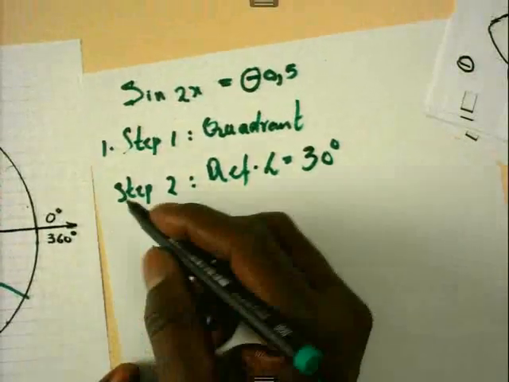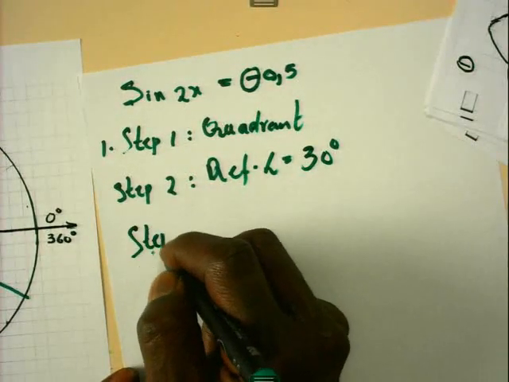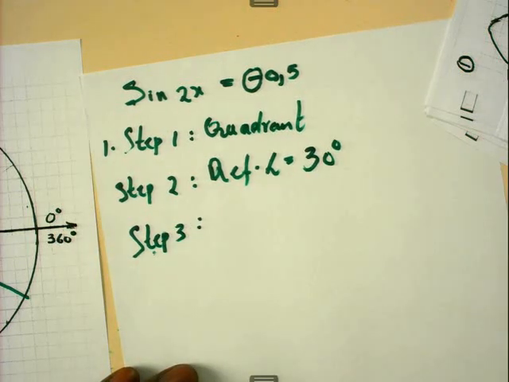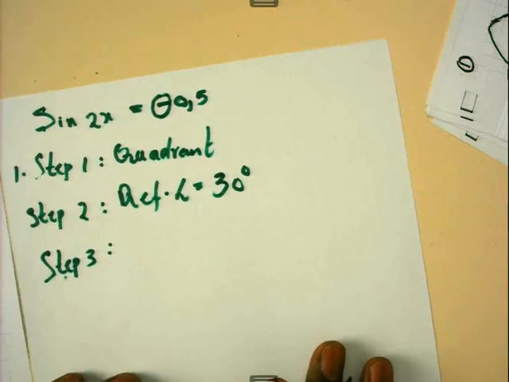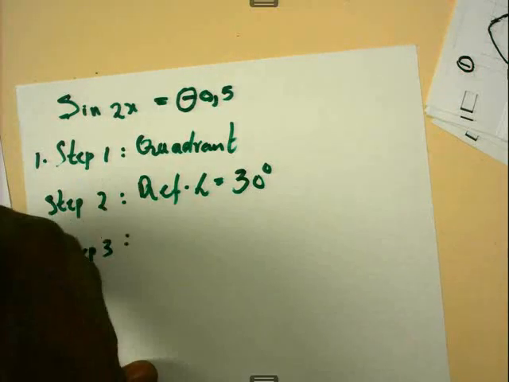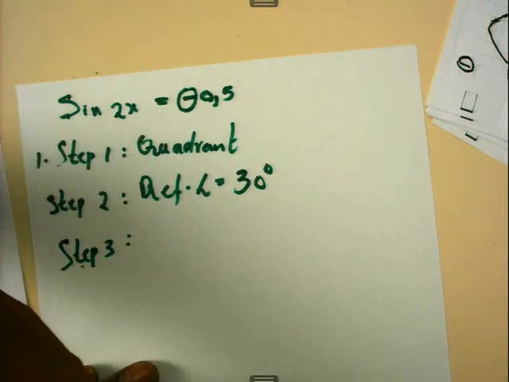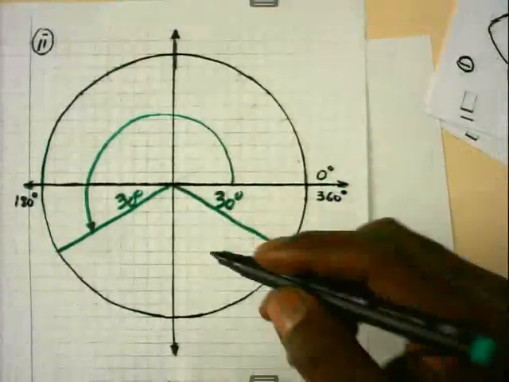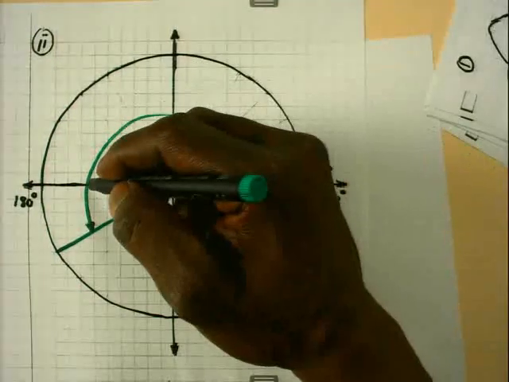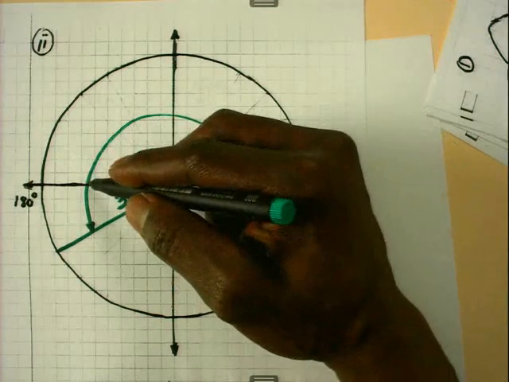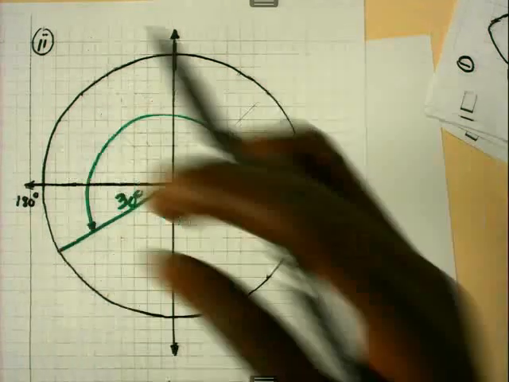Okay, now step 3 will be the solution. The solution will be, we know from here up to there is 180 degrees, but now we must add another angle there.